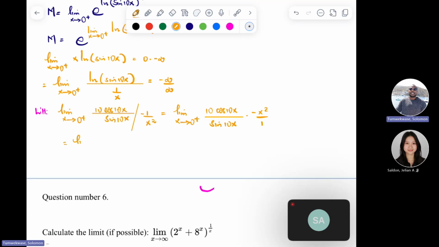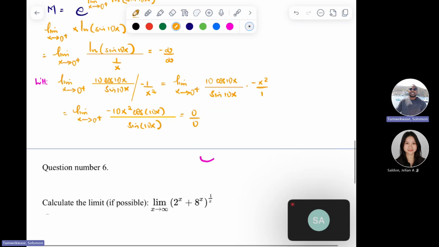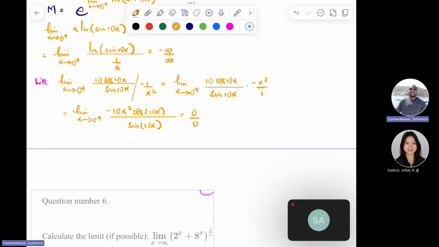So this becomes the limit as x approaches 0 from the right of negative 10x squared cosine of 10x, then over sine of 10x. And when I take this limit once again, you can see that I'll have 0 over 0, which is still an indefinite form.